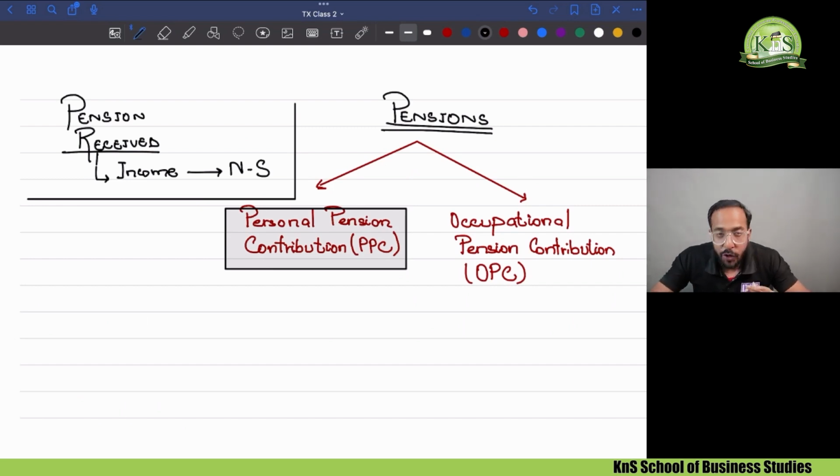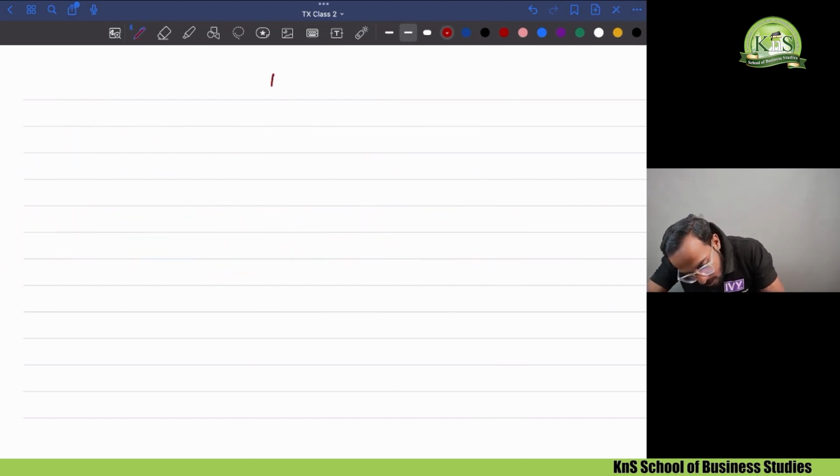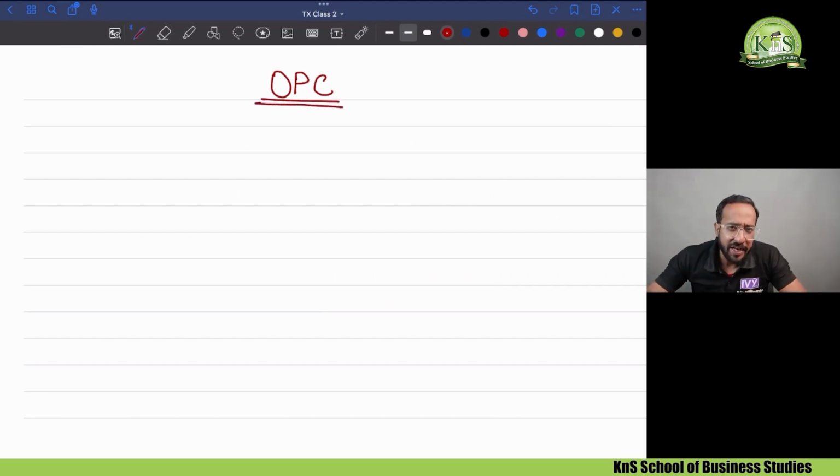Now I would like to first explain what is occupational pension, right? OPC. It is a fund which is created at your job place where you do employment, where you do a job, right?